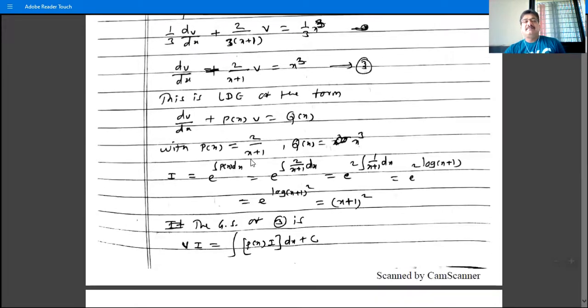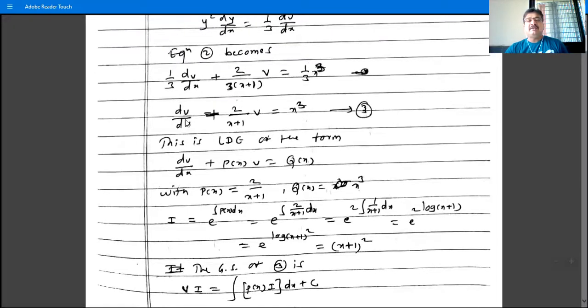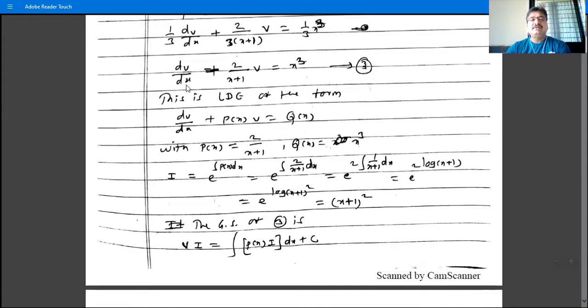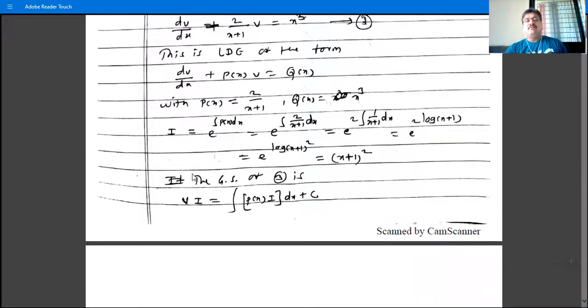This is the linear differential equation in v and x, instead of y and x. It is of the form dv/dx + P(x)v = Q(x). Obviously P(x) is 2/(x+1) and Q(x) is x³. Now find the integrating factor.